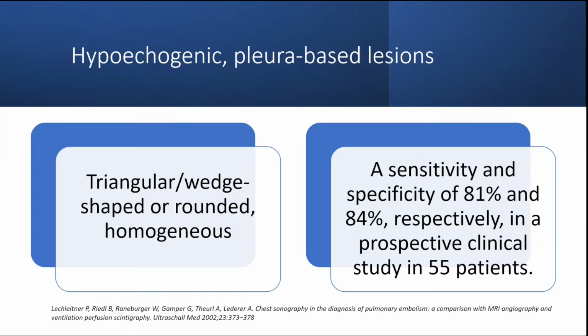First, for lung, we can see a hypoechogenic pleural-based lesion on ultrasound, which represents lung infarct. It's usually a triangular or wedge-shaped or rounded homogeneous hypoechogenic lesion at the pleural line. And it has pretty good sensitivity and specificity according to several studies.